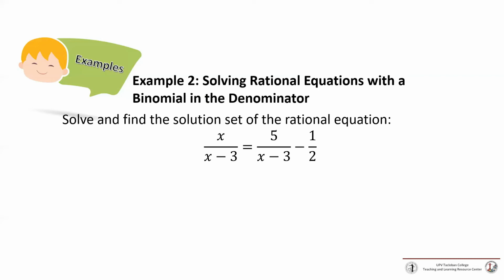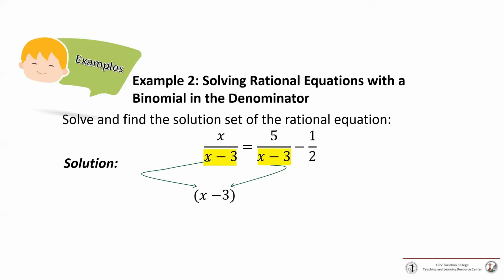As you notice, we have the denominator x minus 3 on the left side, and the denominators x minus 3 and 2 on the right side. So perform the next step. We have the denominator x minus 3, and we simply copy x minus 3 because it is common to both terms.